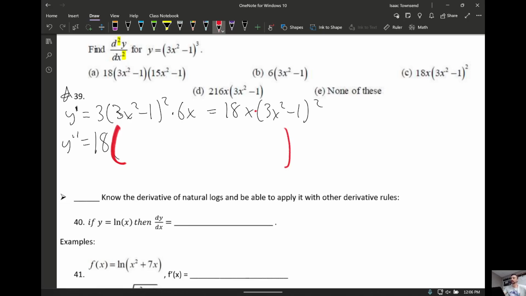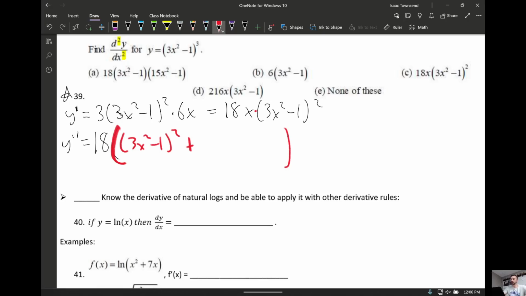Okay. So derivative of the first would be 1 times the second thing left alone. I pulled the 18 out front. The whole thing's just going to be 18 times bigger, so I don't have to mess with it.